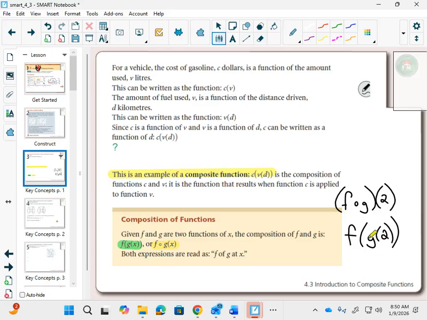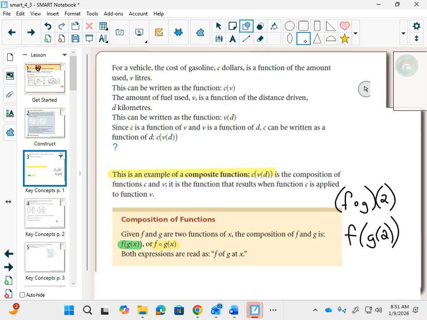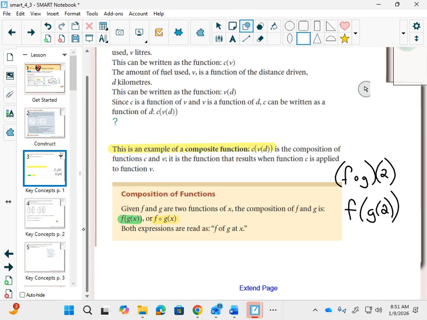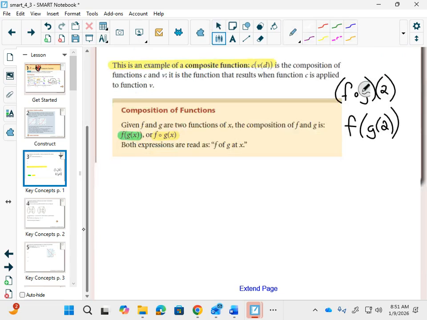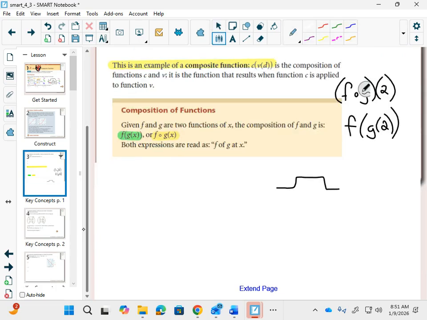And really what this means, when you have f of g of 2, if we think back to our function machines at the beginning, with composition of functions you can always think of the image of two machines with the conveyor belt in between.